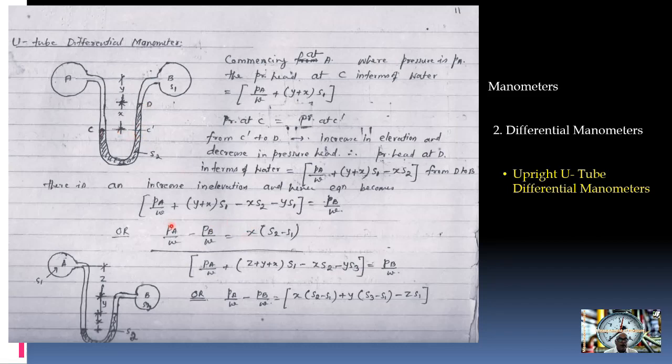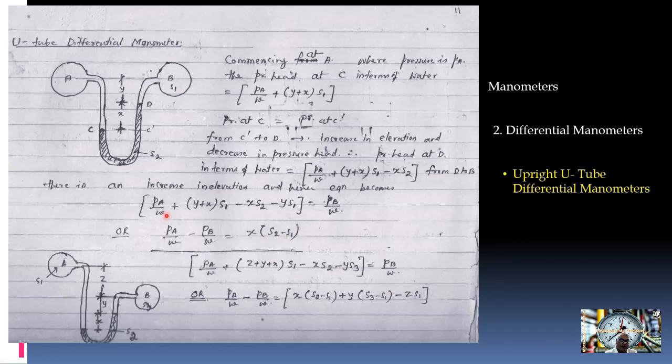Pa by W minus PB by W is equal to H dash into S2 minus S1. So here S2 is 13.6 and S1 is 1. So Pa by W minus PB by W is equal to H dash or X into 12.6. So Pa by W minus PB by W is equal to 12.6 H dash.